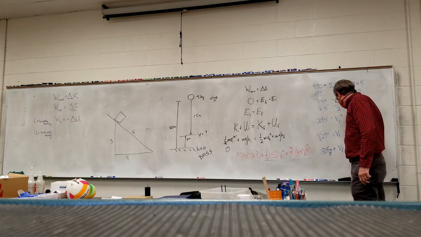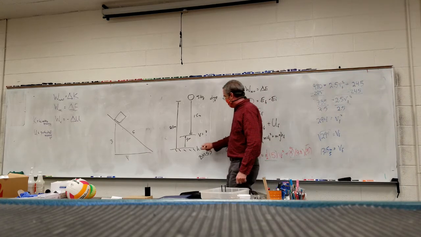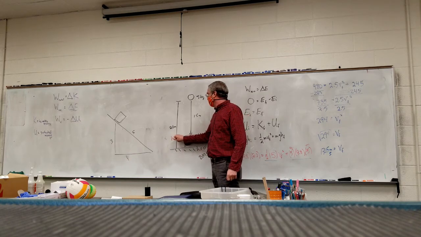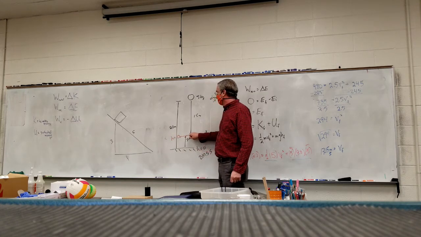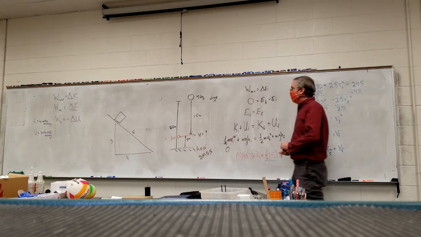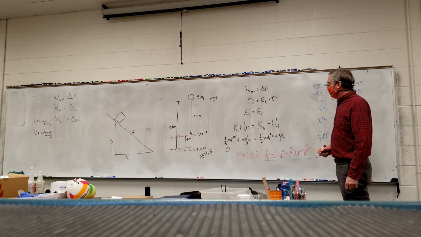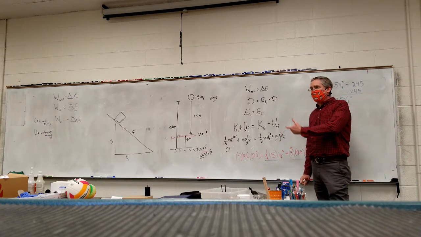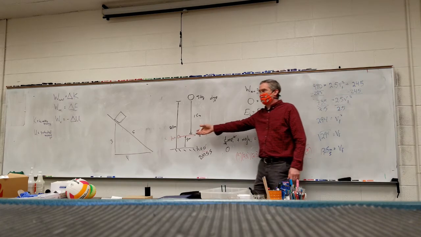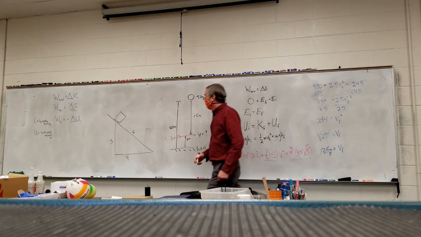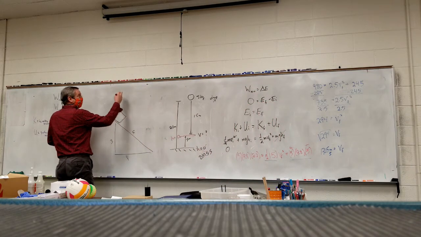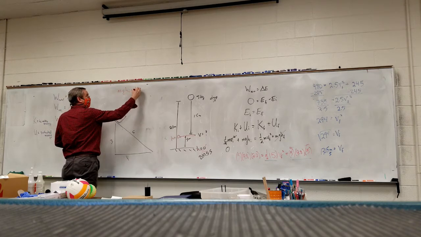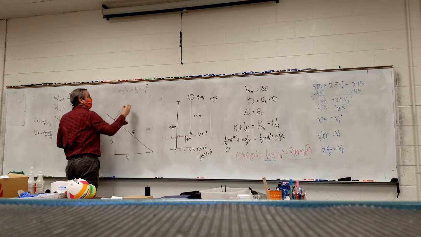All right, so instead of that, let's make h equal to 0 here, at the finish line. So now, this term is going to drop out, because the final height's 0, well, that's because I said so. And so we're left with mgh initial is equal to 1/2 mv final squared.